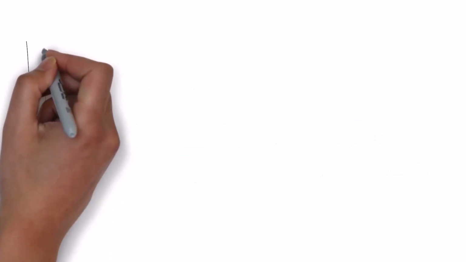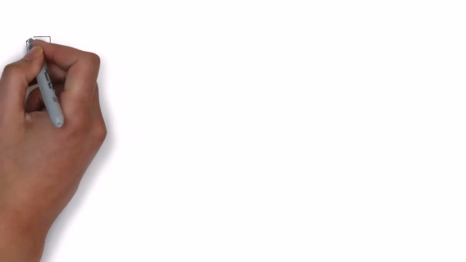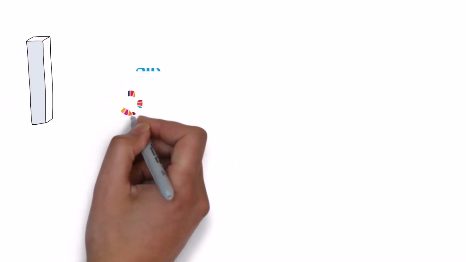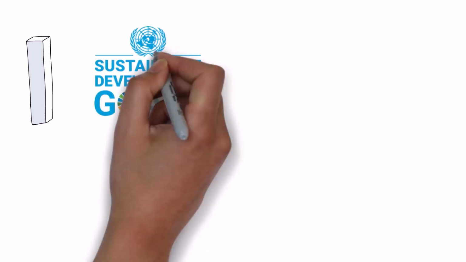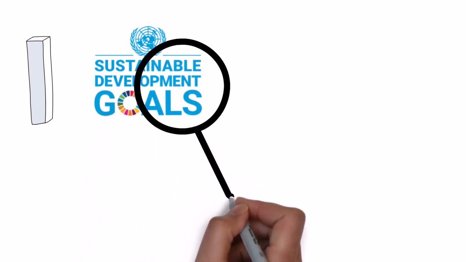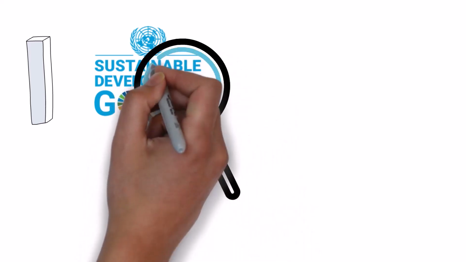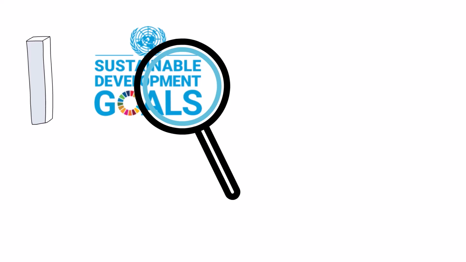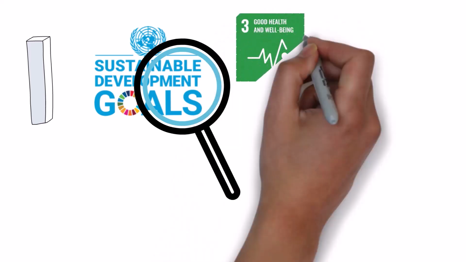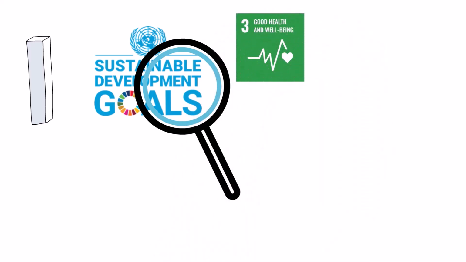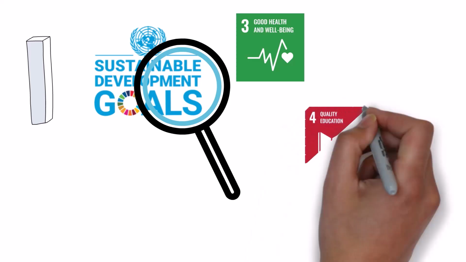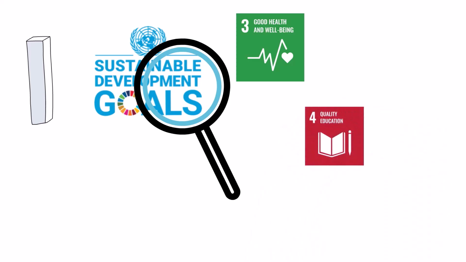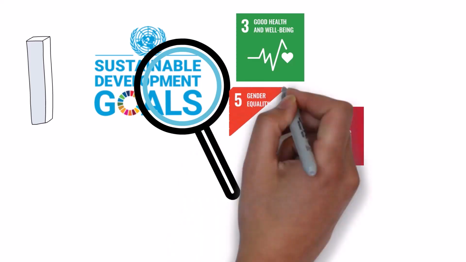The first step in the process of linking your research to the SDGs likely involves identifying the relevant SDG or SDGs, if there's more than one, for your specific research. In the previous video in this series, I discussed some of the most relevant SDGs to business research and provided some examples of how different business topics link and support SDGs.